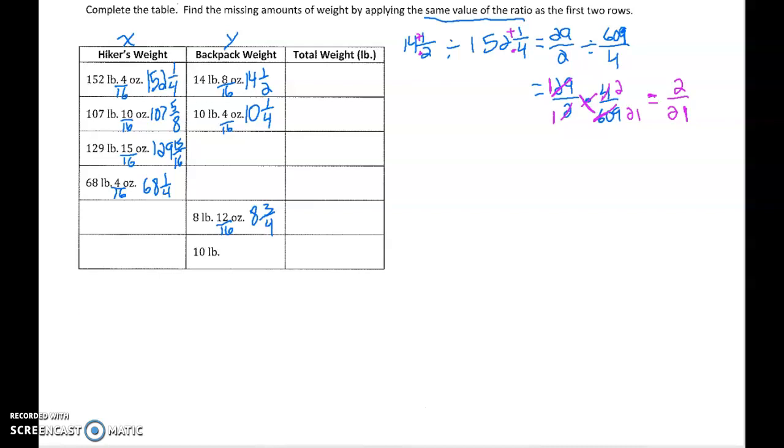I'm going to do this real quick with this next one, just so I can show you that it's a constant, and just for more practice. So I am going to take my y right here, 10 and 1/4, and I'm going to divide it by my x right here, 107 and 5/8.